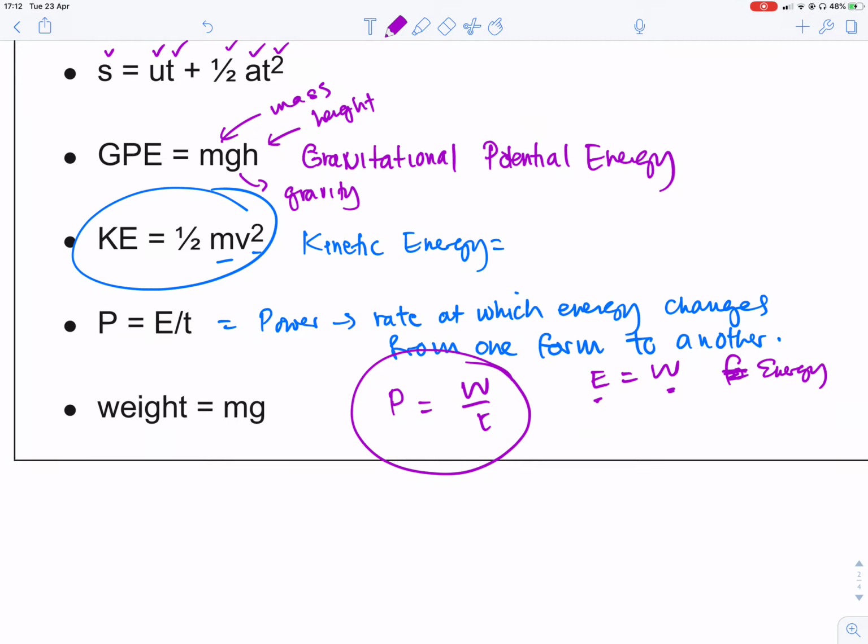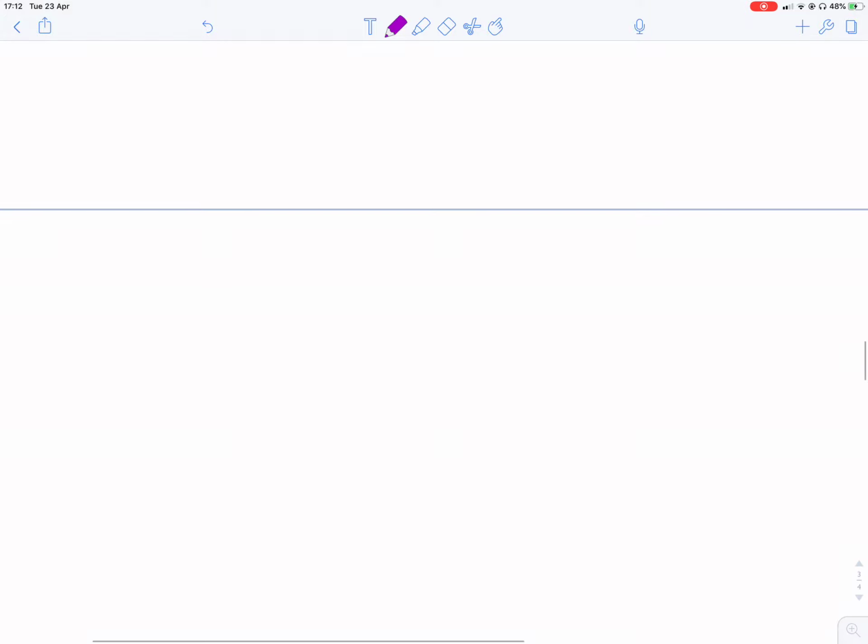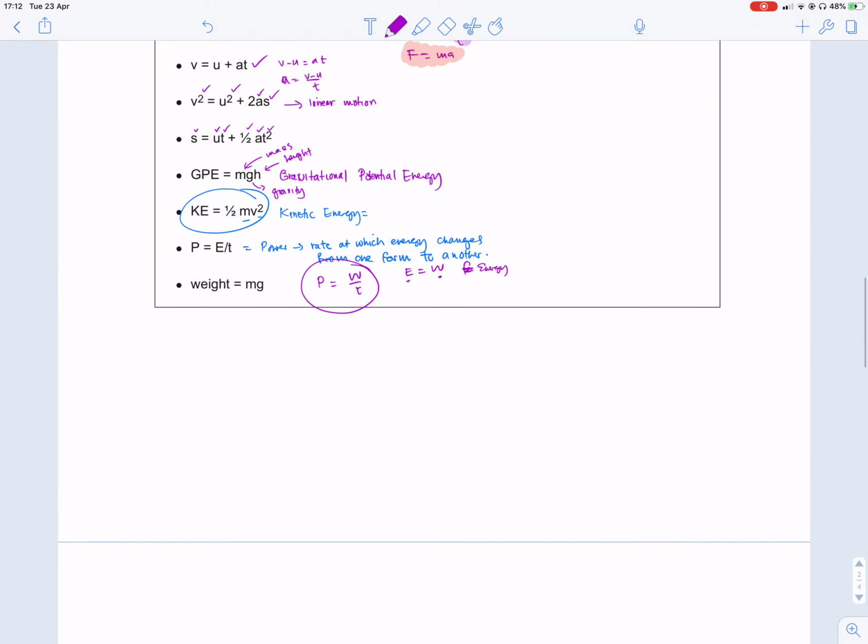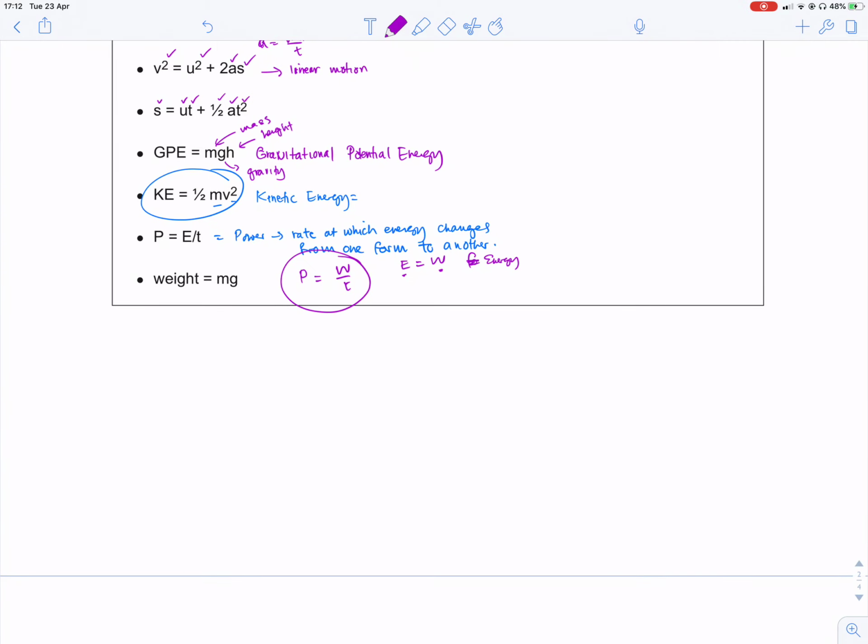Then the last one, I don't think there's any more. So the last one is weight equals mg. This W and that W are different, because that's weight and that is energy. So weight equals mg, which is just mass times gravity, or acceleration due to gravity, which in most cases is approximately equal to 10 meters per second squared.